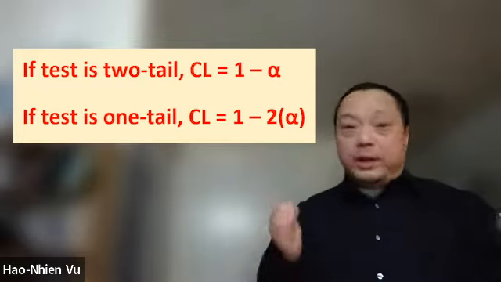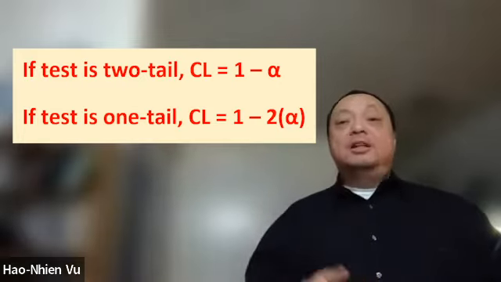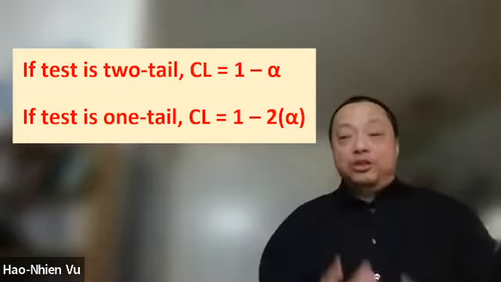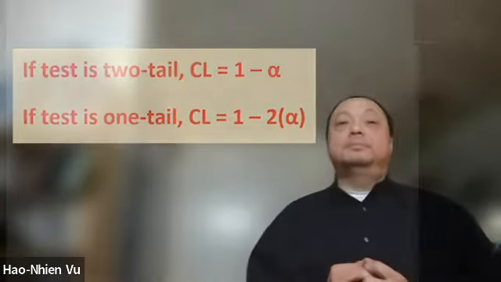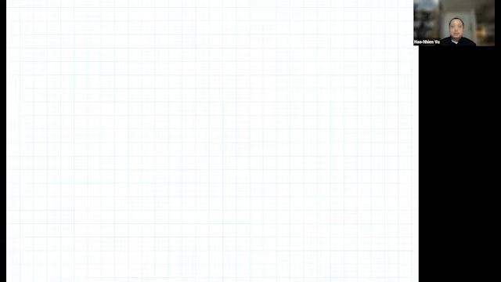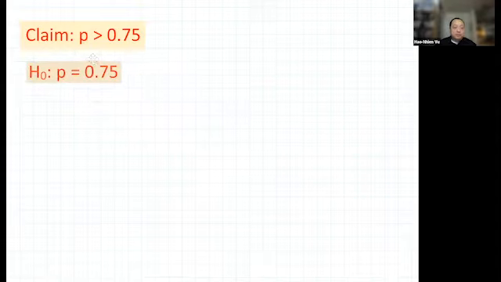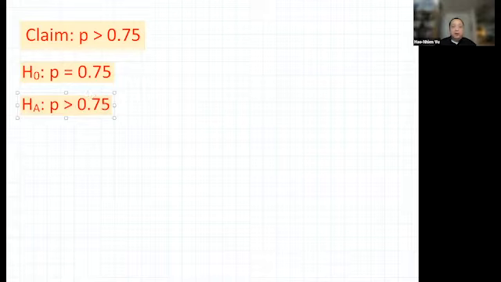I'll show where this rule comes from, but first, let's back up and see how we can use a confidence interval to test a hypothesis in the first place. Suppose here's the claim. Then that means here's the null hypothesis H0. And here's the alternative hypothesis HA.